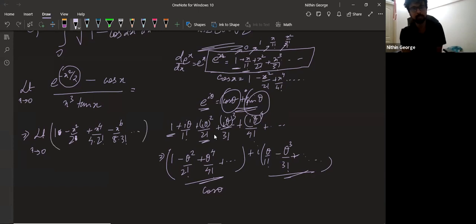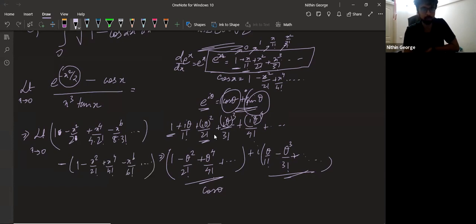This is e power minus x squared by 2. Minus cos x becomes minus 1 minus x squared by 2 factorial plus x power 4 by 4 factorial minus x power 6 by 6 factorial, and so on. It's an infinite series. Divide by x cube tan x, I'll leave it as it is.